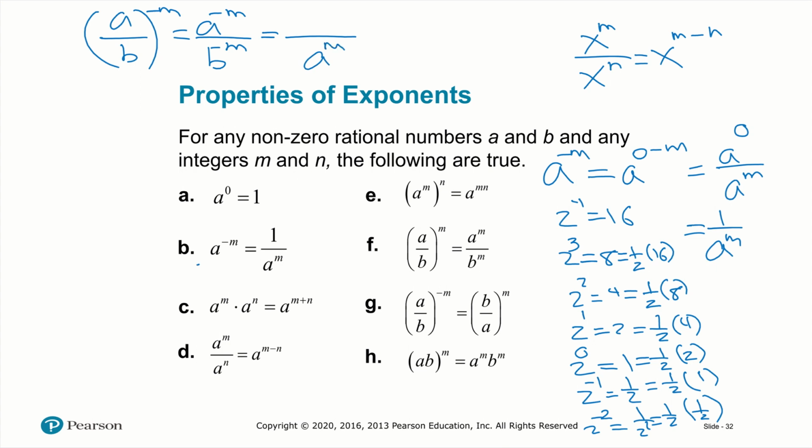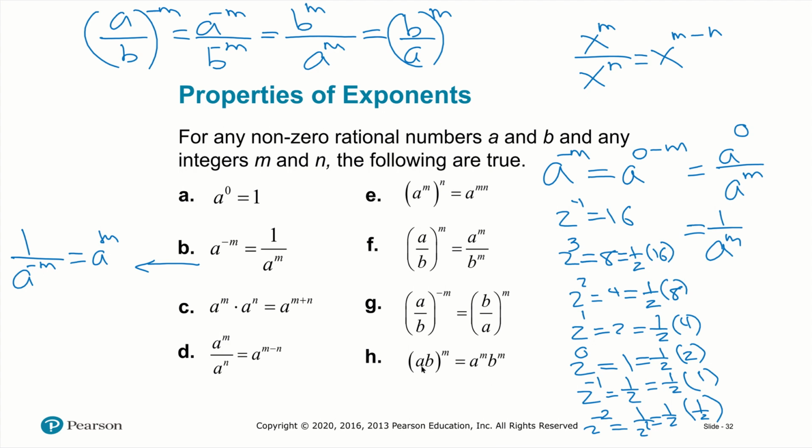Now this one has a sibling rule which says 1 over a to the negative m equals a to the m. So if I use this rule as well, this goes to the top and becomes b to the m, right? So now I get what? I get b over a to the m. There you go. So that's why that one works.